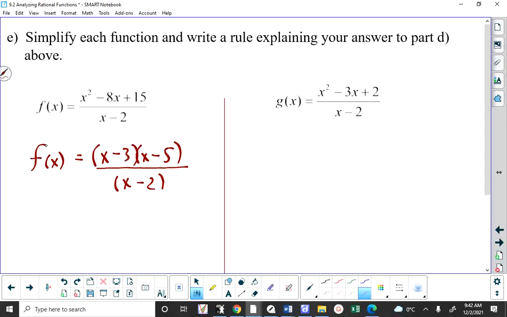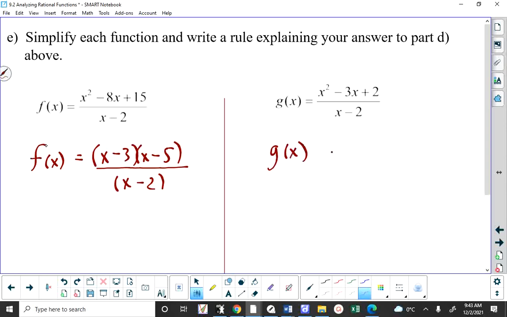Step 2 is to cancel identical factors. By the way, cancel identical factors means one on the bottom, one on the top. You have two factors on the top, you have one on the bottom. There are no matching factors. There's no common factor to the top and the bottom. This is it. Nothing is simplified.